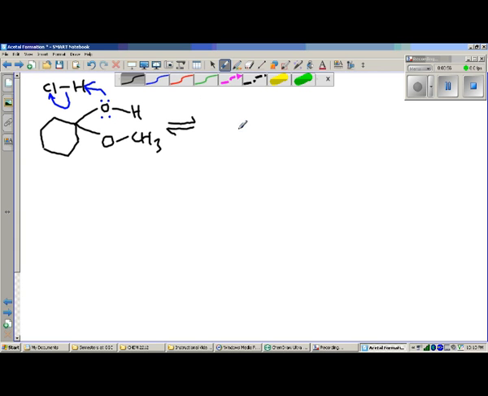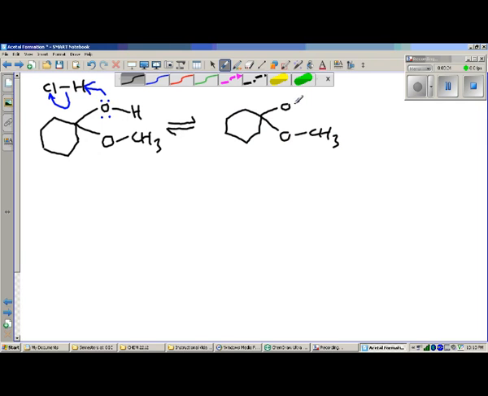So, let's say the reaction is going the way we want it to. Let me draw out that cyclohexane ring again. I'm going to draw on the acetal here, or the OCH3 at least.